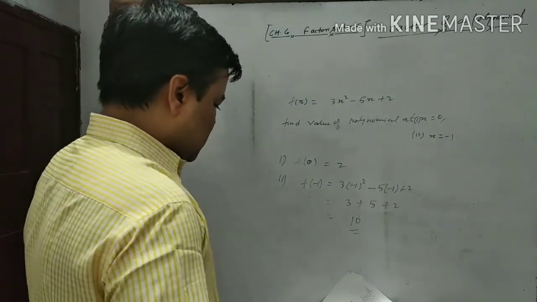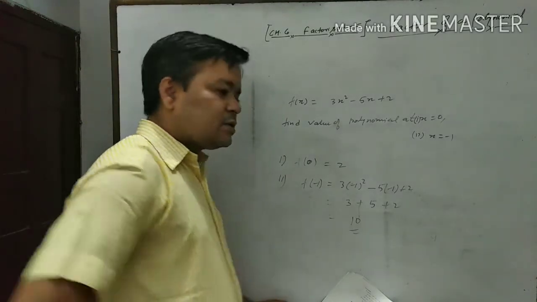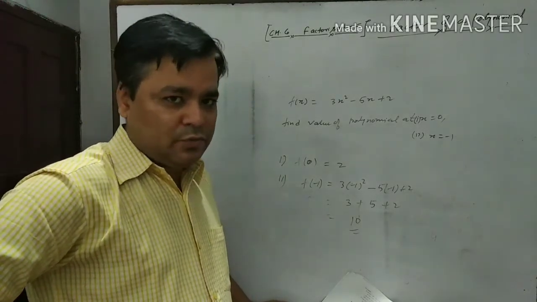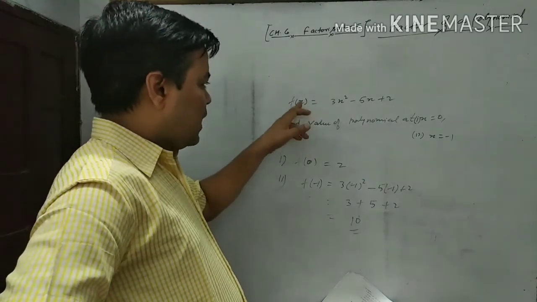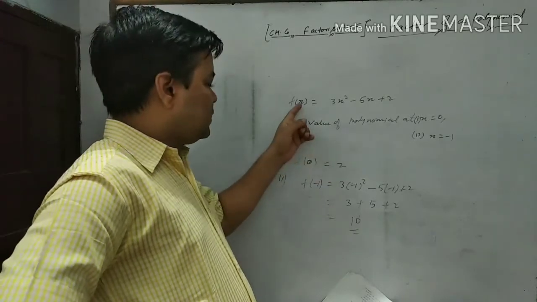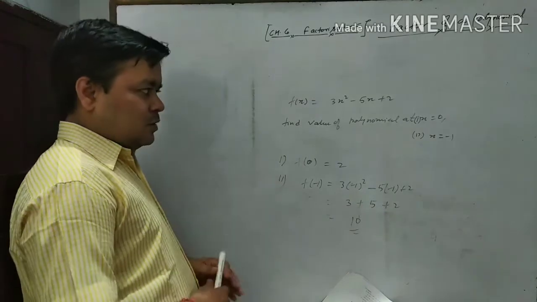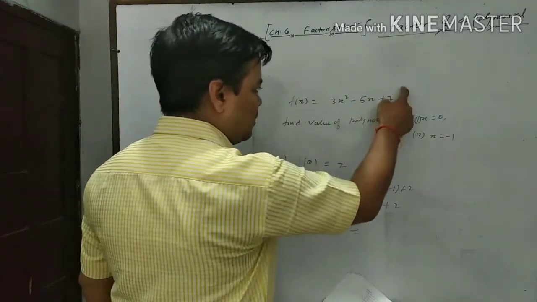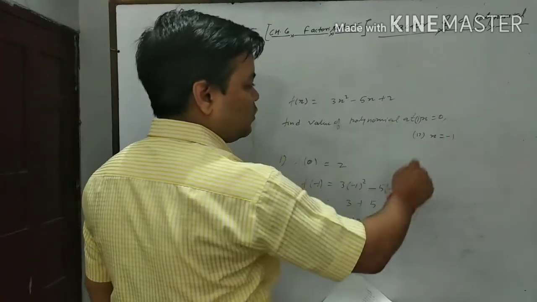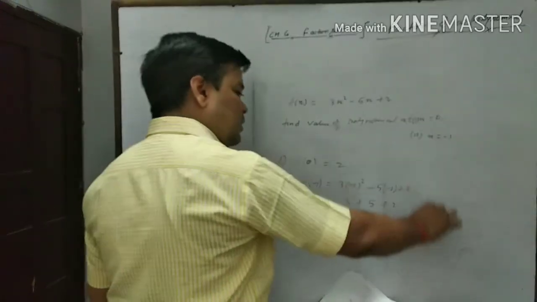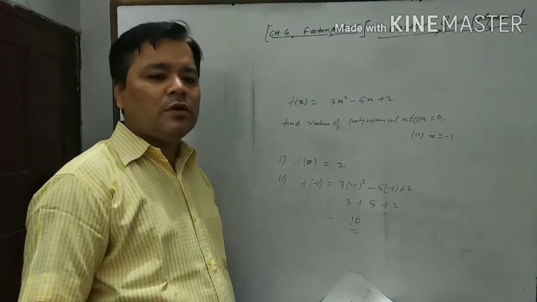Now the topic is the root of a polynomial equation. What is the solution of a polynomial equation? If I want to find the value of this polynomial at different values of x, just like here we found at x is equal to 0 and x is equal to minus 1, similarly we can find the value of the polynomial at x is equal to 2, 3, 4.